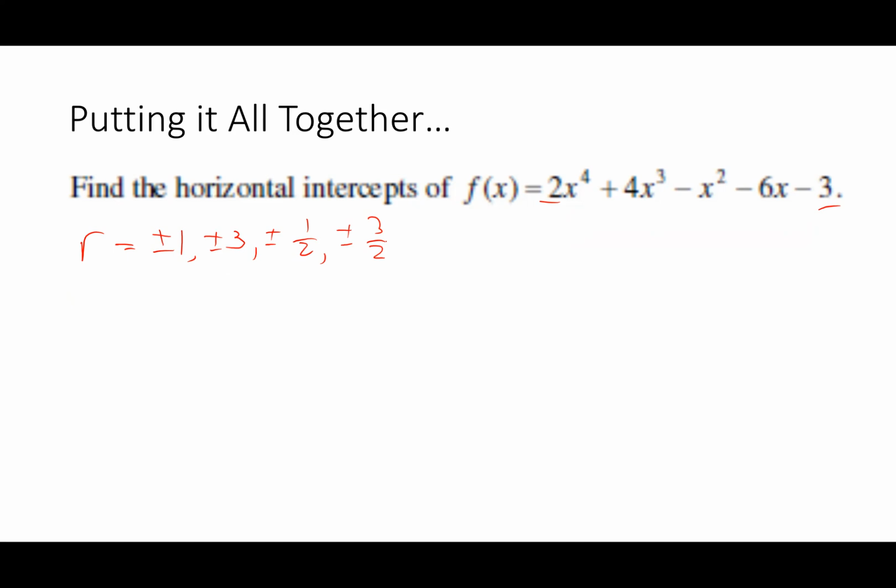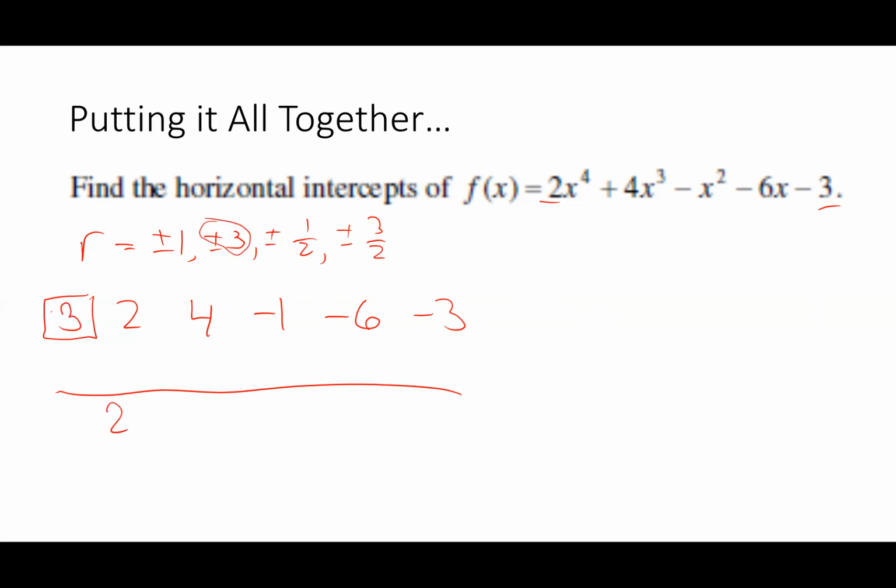I'm going to start with plus 3. So we do our synthetic division. We've got 2, 4, negative 1, negative 6, negative 3. All right, the table's set. So let's start with 3. Why not? We'll start with 3.